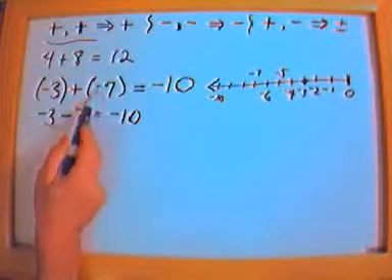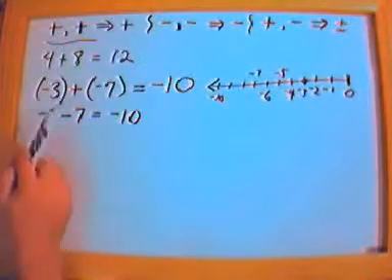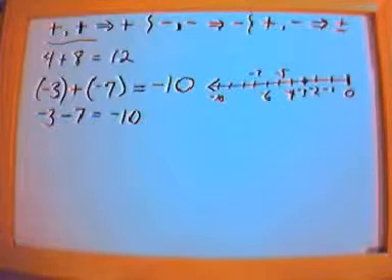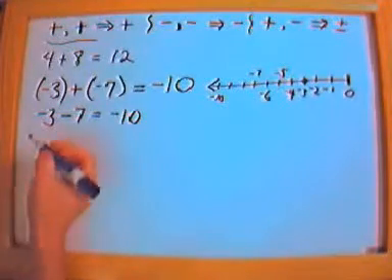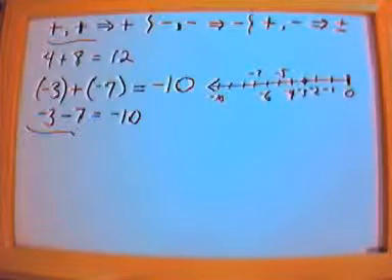When you have plus negative like that, it's just the same thing as a minus sign. And that makes sense because here I'm adding a negative number. Adding a negative number is pretty much the same thing as subtraction. So all this negative positive business is just addition and subtraction, which is the same thing you've been dealing with all your life.